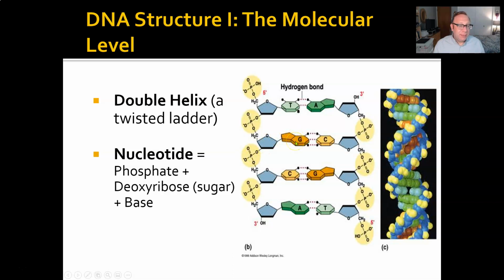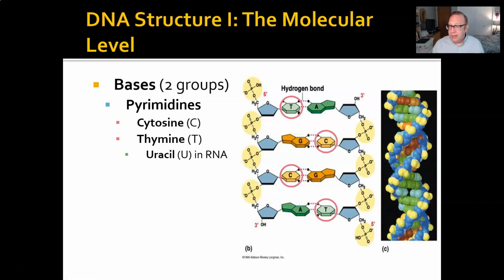And then it has something called a base. These base molecules come in two flavors. The first are pyrimidines. They are either cytosine, which we represent with a C, or thymine, which we represent with a T. Little side note, when we talk about protein synthesis, we're going to be talking about RNA.